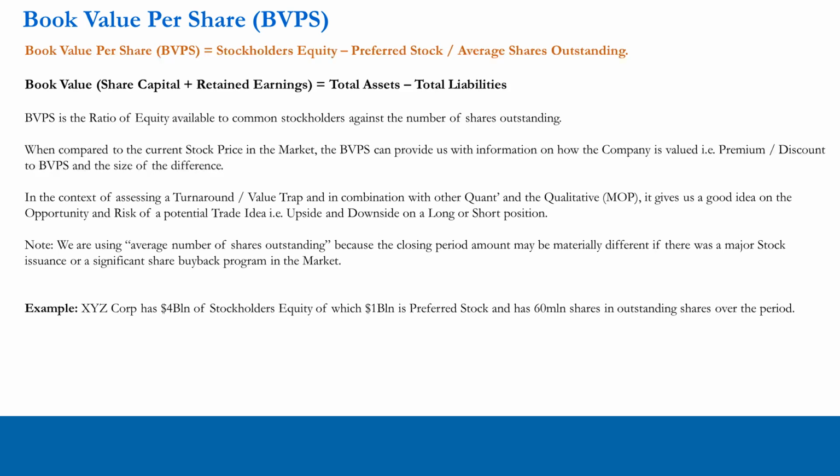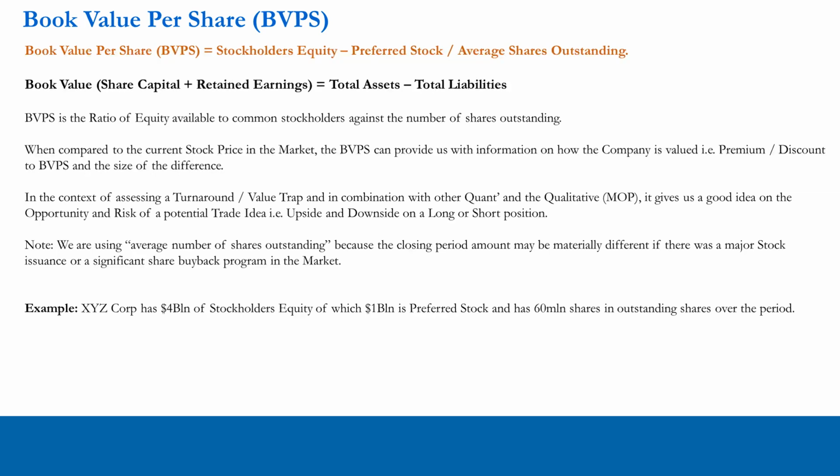Now, in the context of assessing whether a stock is a potential turnaround or even a potential value trap, and in combination with other quantitative and qualitative metrics, it gives us a good idea on the opportunity and the risk of a potential trade idea, so the upside and downside on a long or short position.